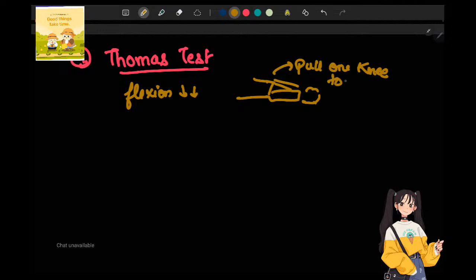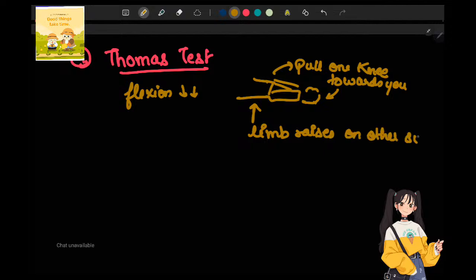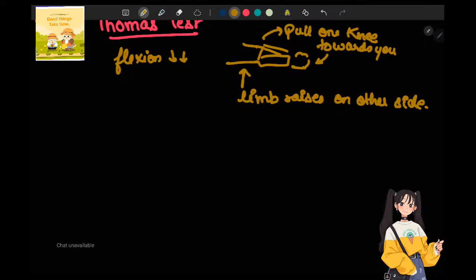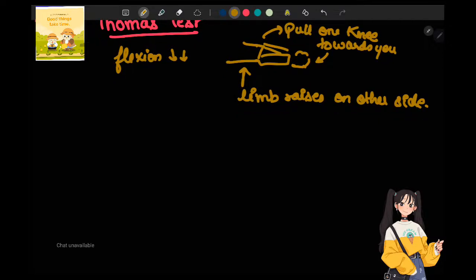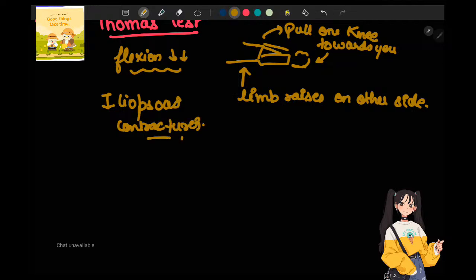Pull one knee towards you, and what happens is the other limb raises on the other side. So in this the flexion is decreased and we see iliopsoas contracture, right?